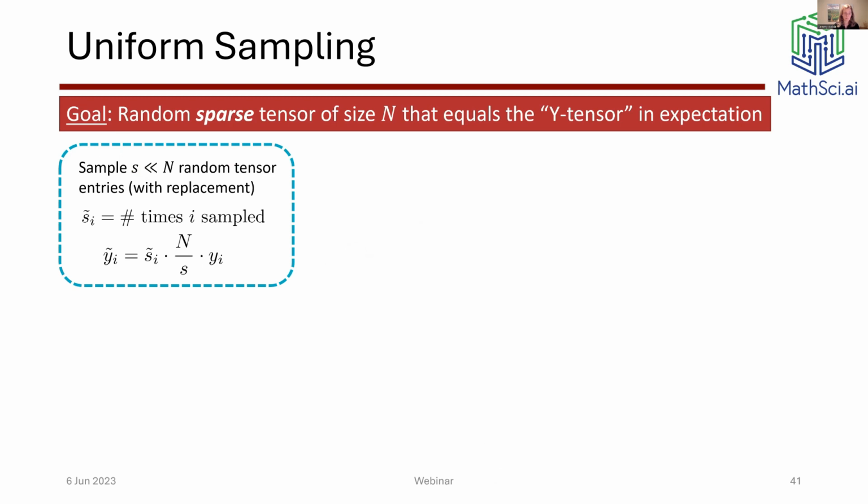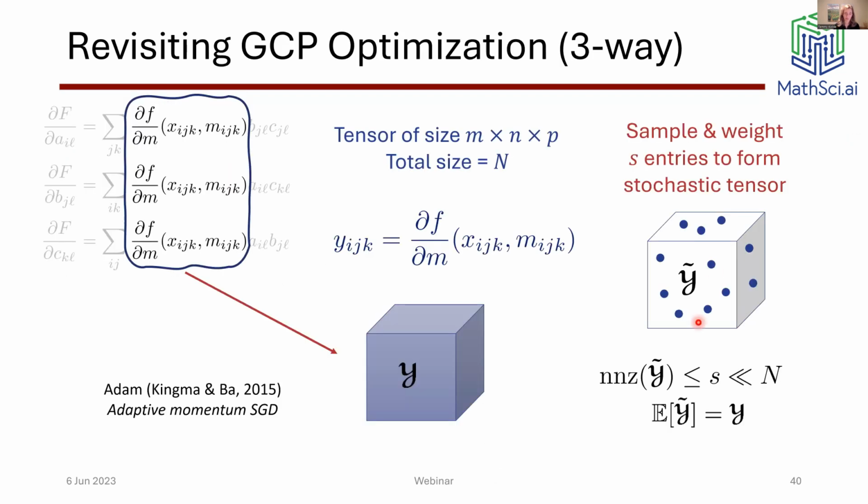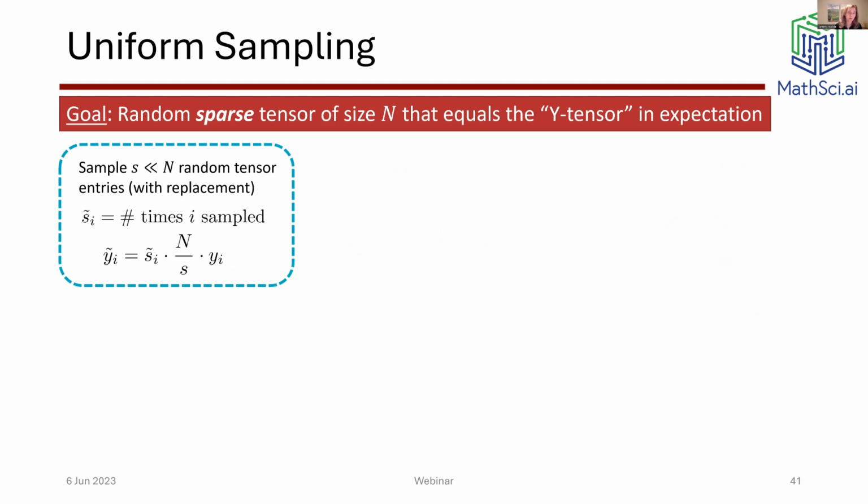So for picking this Y, just a few entries of Y, how can we actually pick those? That matters a lot for getting your stochastic gradient descent to actually converge. You have to pick your entries so that you get everything equal in expectation. One way you can do it is just pick entries at random.